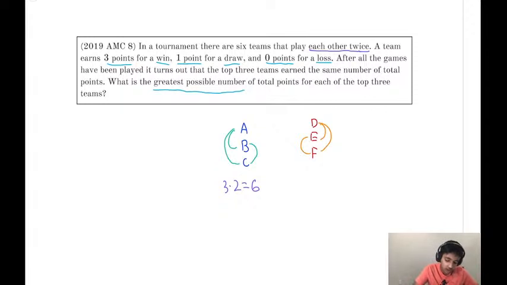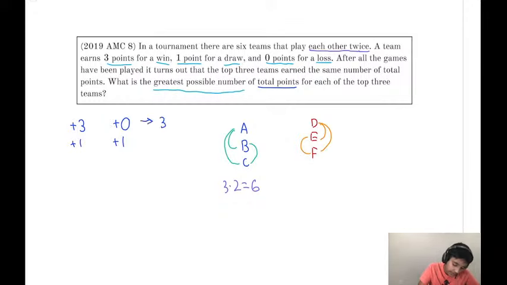Now, we want to maximize the total points. In each game, either one team gets 3 points and the other team gets 0 points, or both teams get 1 point. If one team gets 3 and the other gets 0, the total number of points given out is 3.